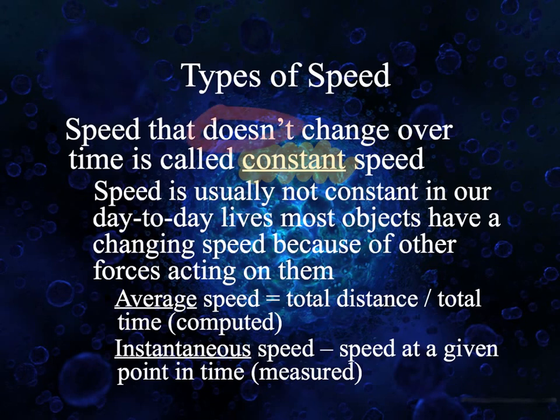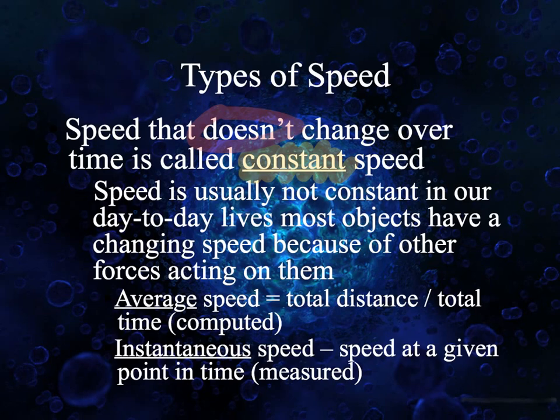Now, it's not typical that we witness constant speed in our everyday lives, but it happens. A lot of times we're pressing on the gas to move in traffic. We're stepping on the brake to come to a stop sign. You're walking fast in the hall because you're running late for class. Whatever the reason, we typically don't see a constant speed, but speed that doesn't change is referred to as constant.